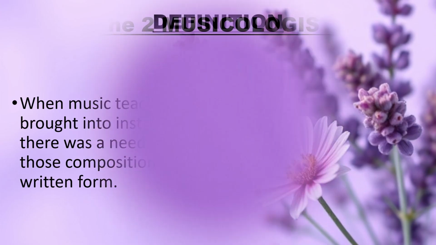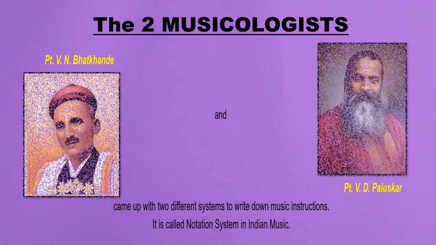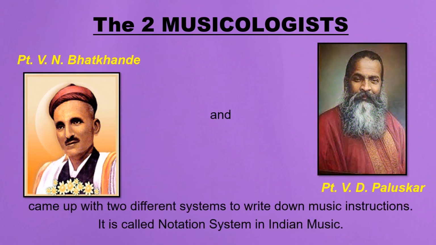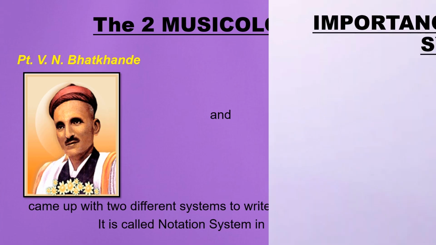Thus, at the end of the 19th century, two famous musicologists, namely Pandit Vishnu Narayan Bhatkhande and Pandit Vishnu Digambar Paluskar, came up with two different notation systems.